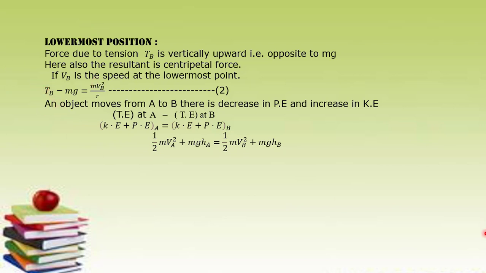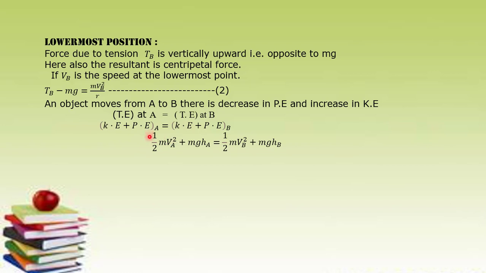When an object moves from A to B, there is a decrease in potential energy and an increase in kinetic energy, as it is going from the upper side to the lower side. So the total energy at A and the total energy at B are equal.